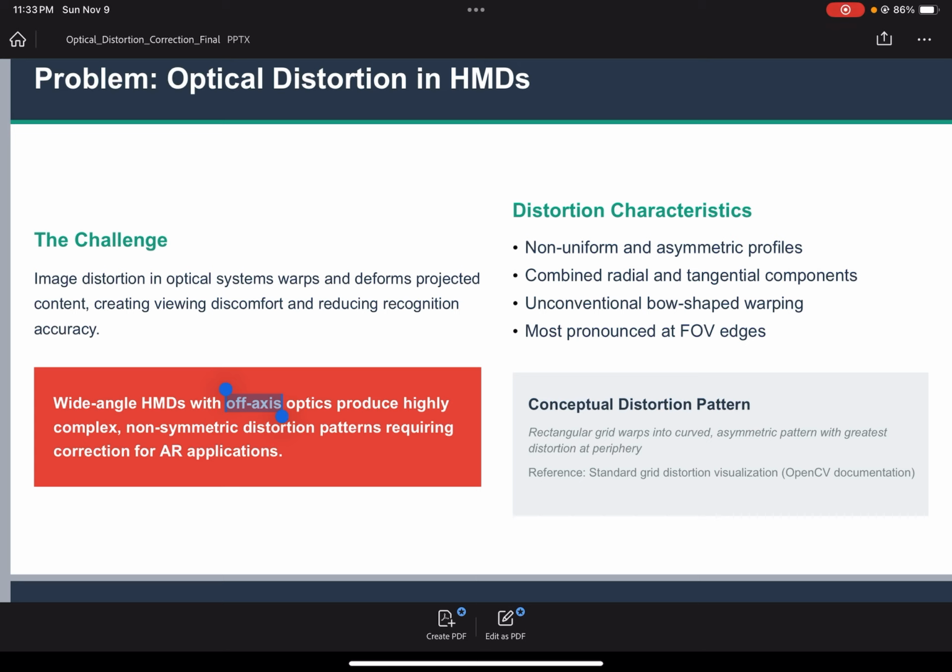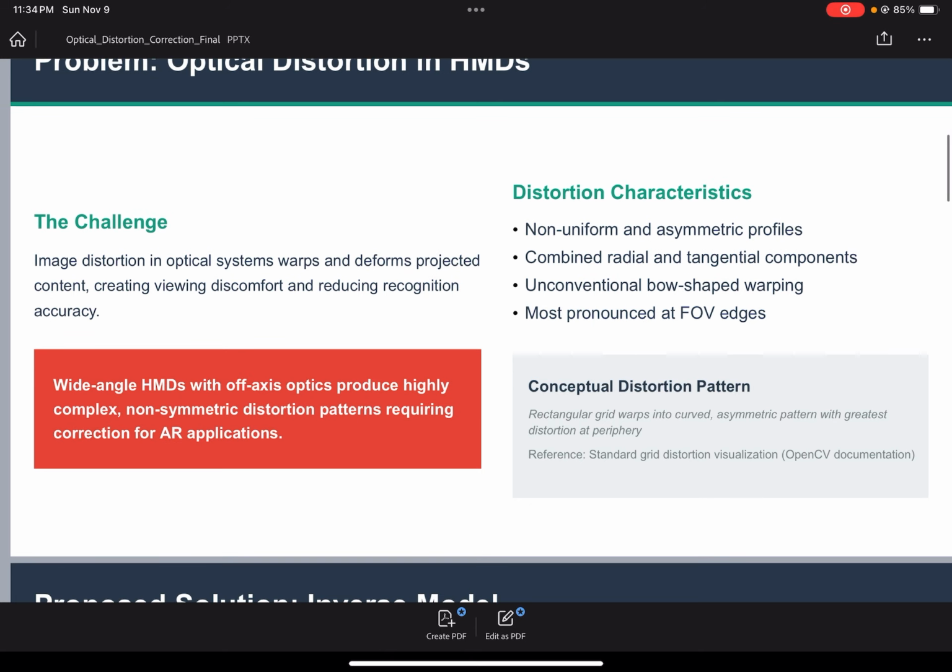I mean, not necessarily radial, I mean asymmetric distortion. And we have another term, radial distortion. I mentioned radial distortions before, and it means image warping that increases with distance from the optical center.